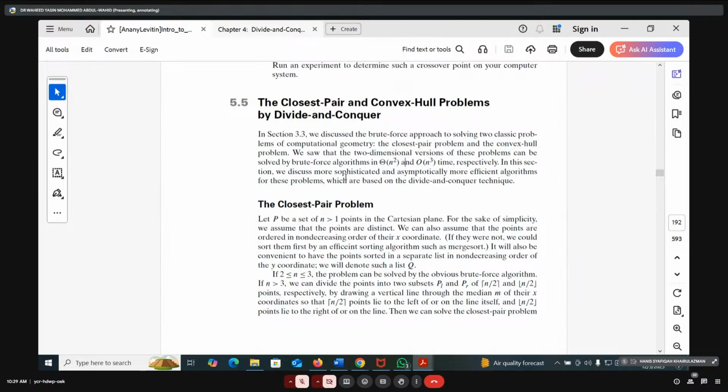In this section, this problem will be solved in less than theta of n squared. We discuss a more sophisticated and asymptotically more efficient algorithm for this problem, which is based on the divide and conquer technique.